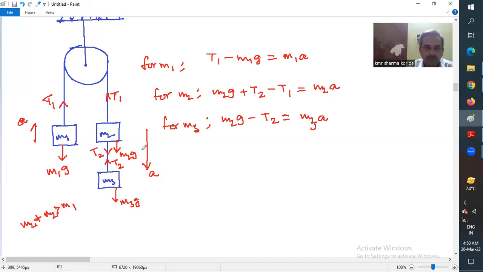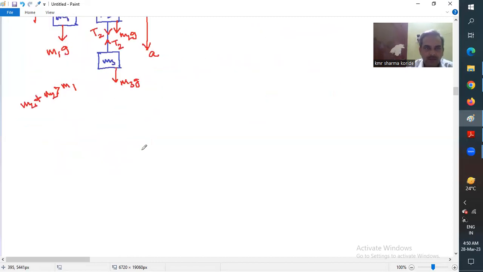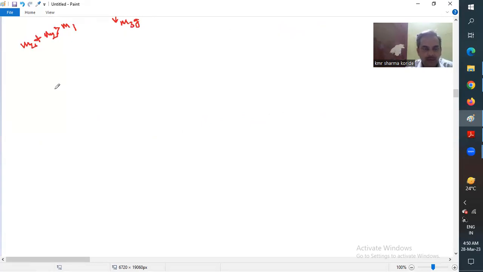Now, moving to another case, let us say a block of mass M1, which is on the top of the table. There is a pulley here, and a string connecting the two blocks.